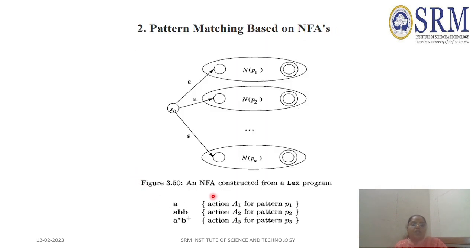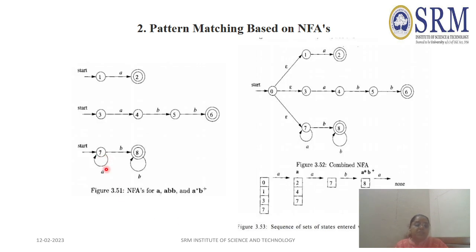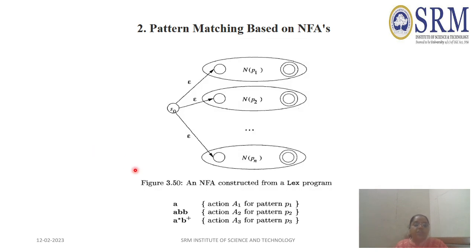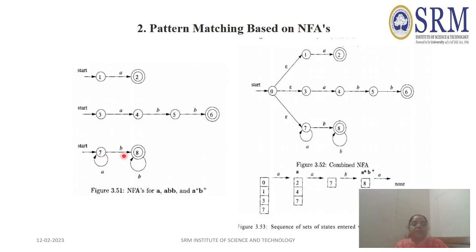And the next one is a*b+. a* means what? Zero or more times of a. Even if the a may not appear, that time it has to straight away take the b value, which must be present at least once. And b+ means what? One or more times. So these are the 3 NFAs for a, abb, a*b+.